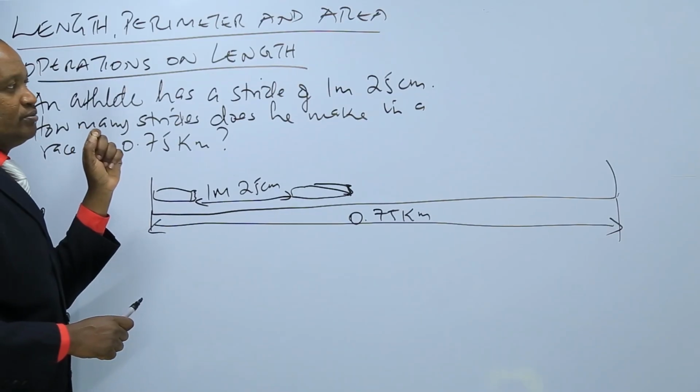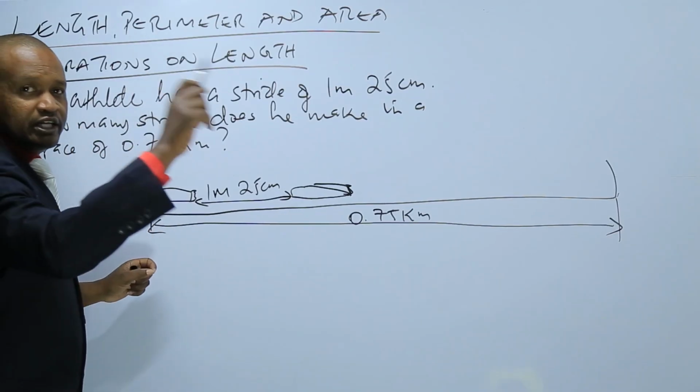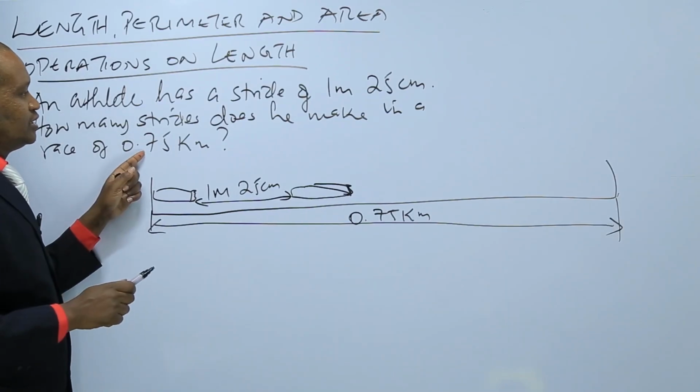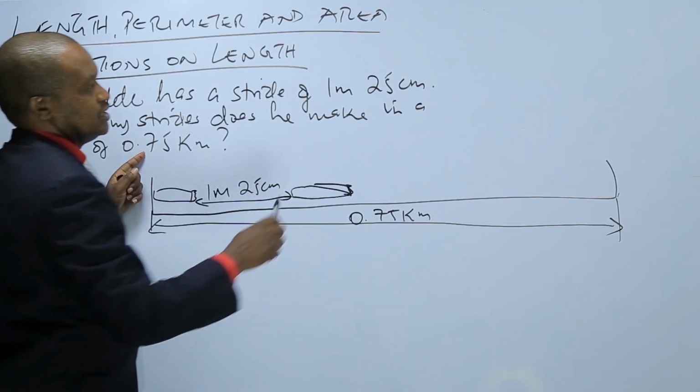And it's always better to convert the bigger units to smaller units. So the smallest unit here is the centimeter.